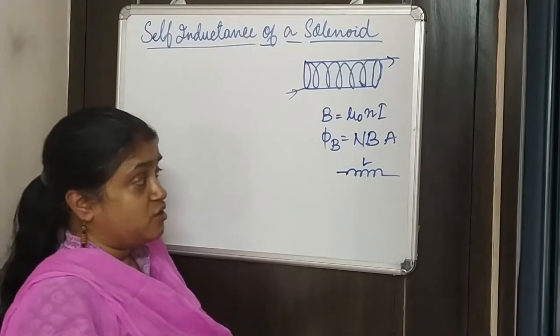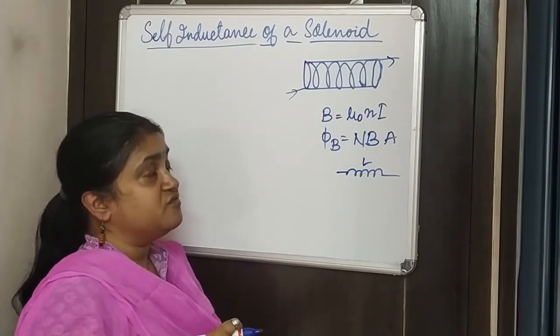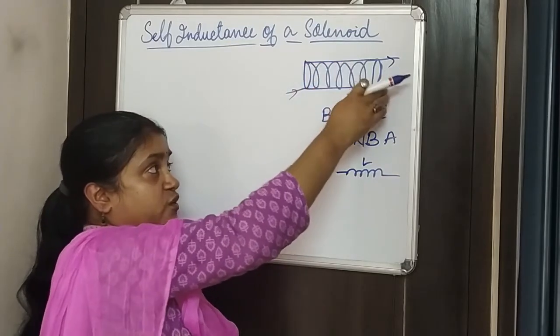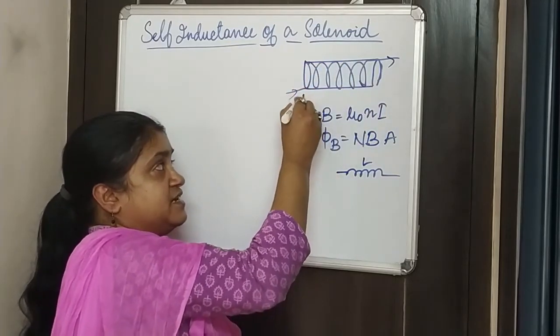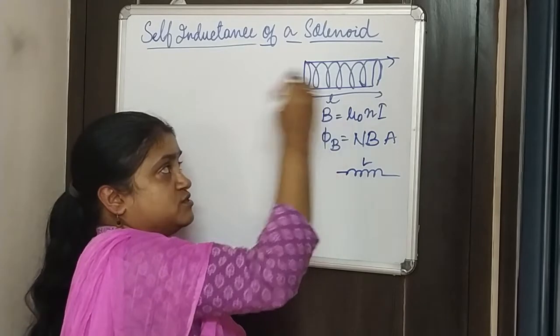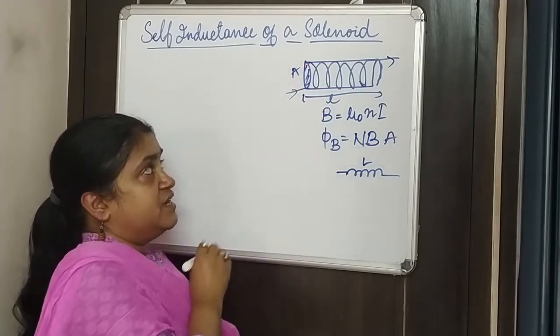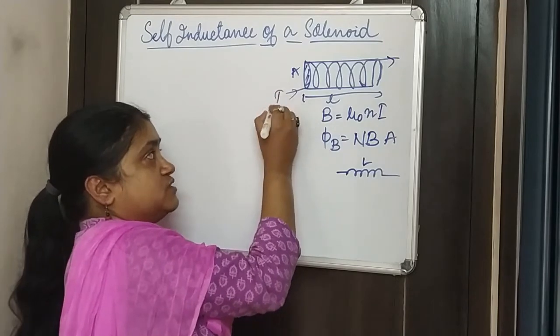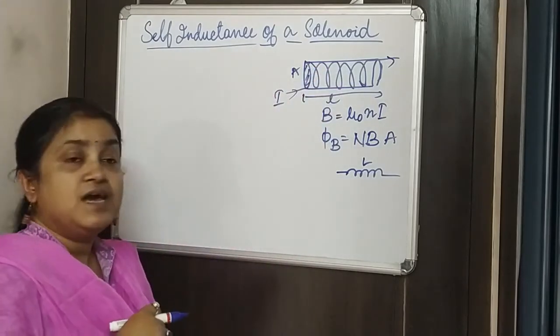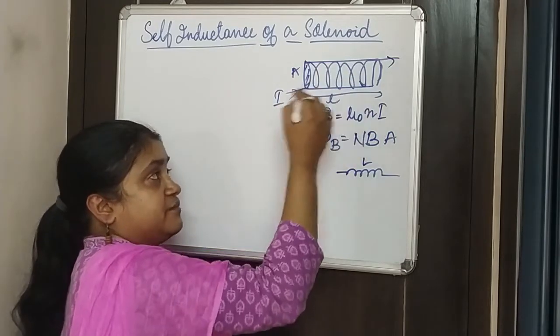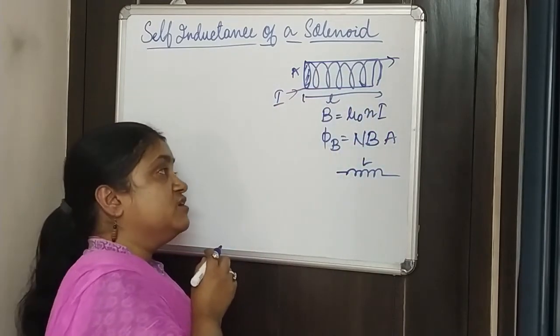Now when we are talking about the self-inductance of a solenoid, let's see, this is a solenoid which has a length L, and it has a cross-sectional area A, and the current through this solenoid is I. So there would be a magnetic field that we have already known.